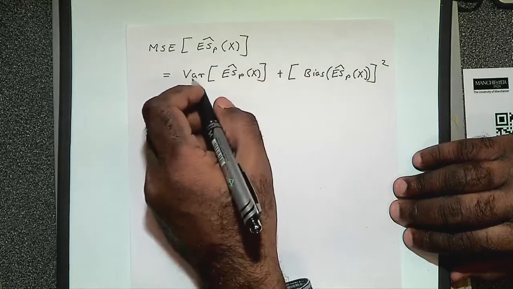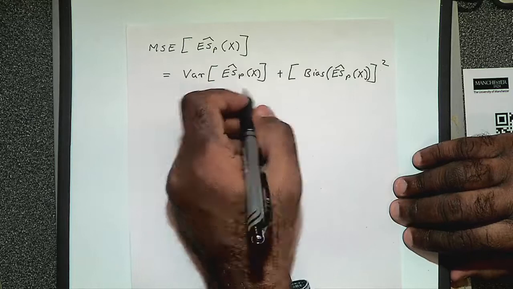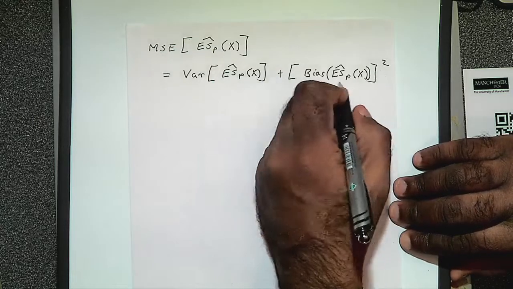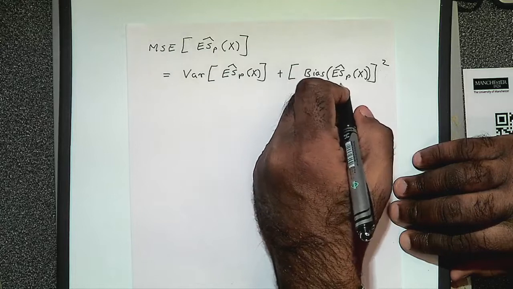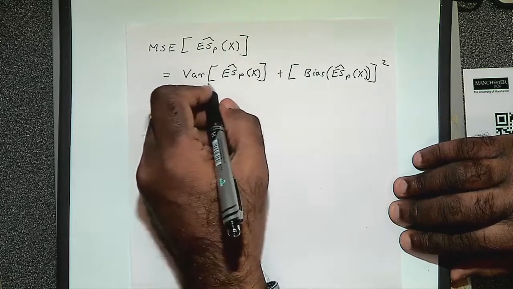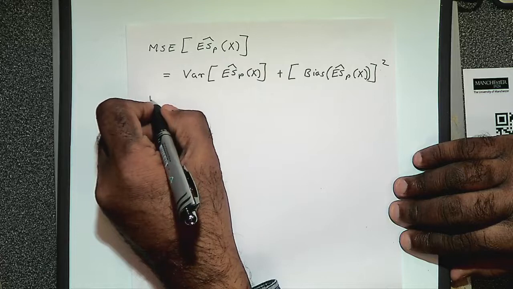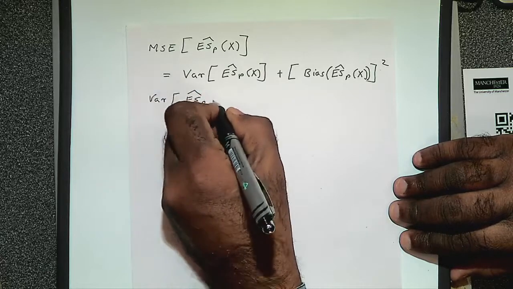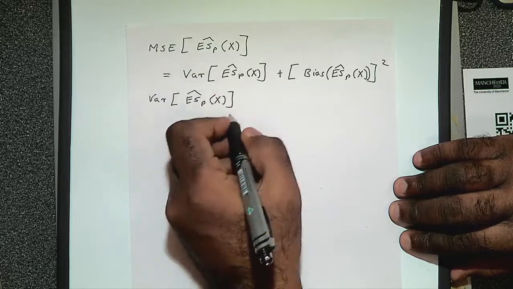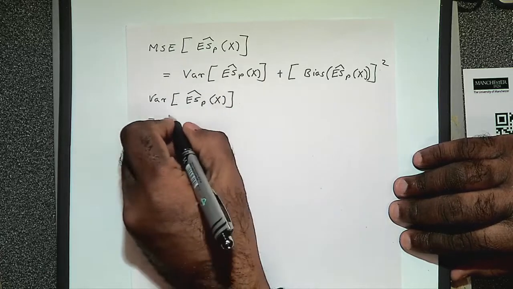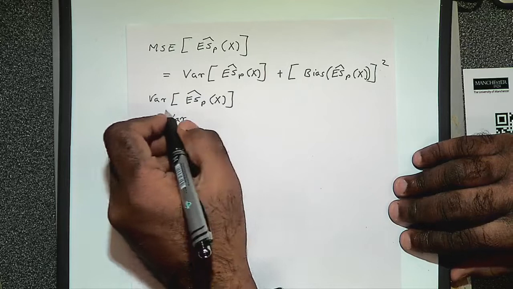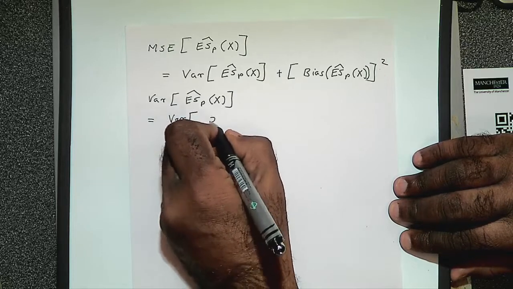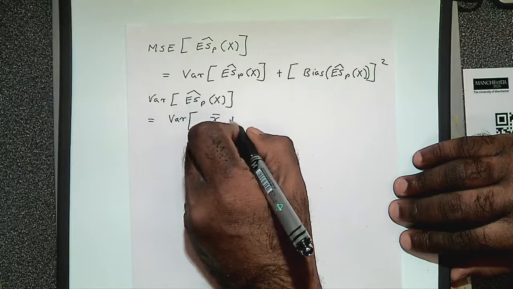That the MSE is equal to the variance plus the square of the bias. That's a well-known fact. We already found what the bias is, right? So all we need to work out is the variance. So we need to find the variance of the estimator of expected shortfall, right? All right, which is equal to the variance. It's not to be confused with VaR, okay? It's easy to confuse the two. The VaR and the variance, they look similar.